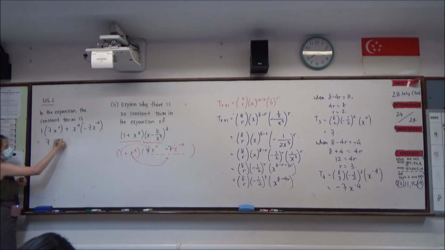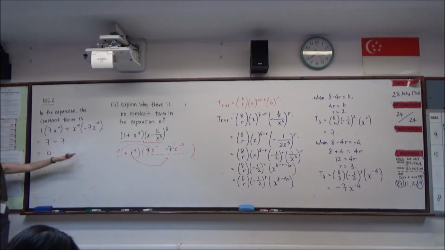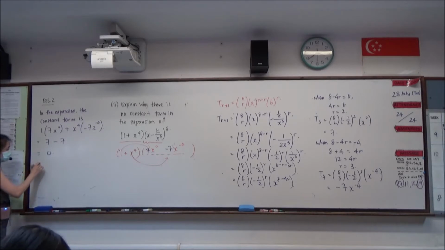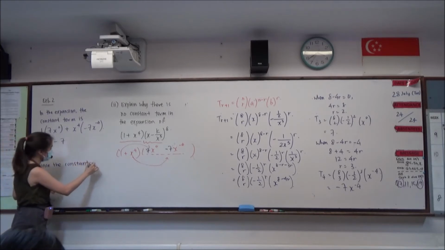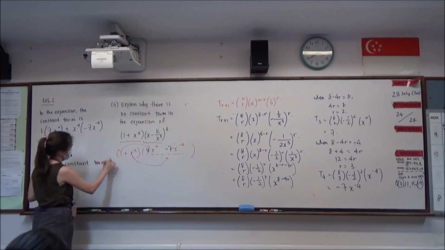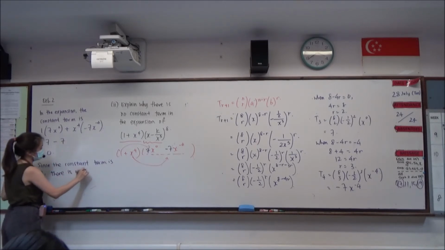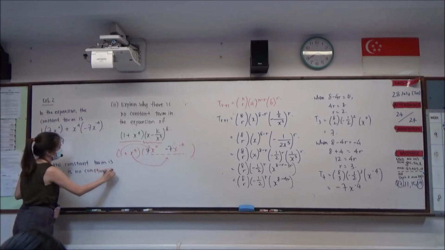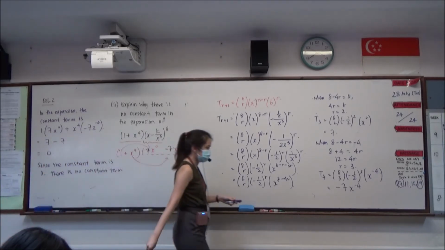That gives us 7 minus 7, and we show that it is 0. So the constant term is 0 in the expansion. Therefore, we can say that there is no constant term. So that will be your explanation.